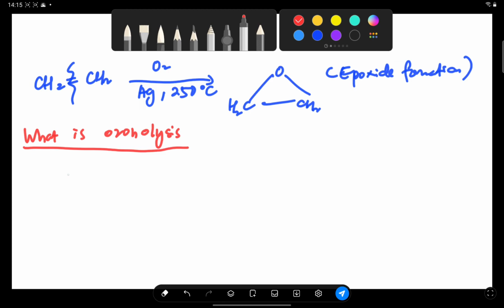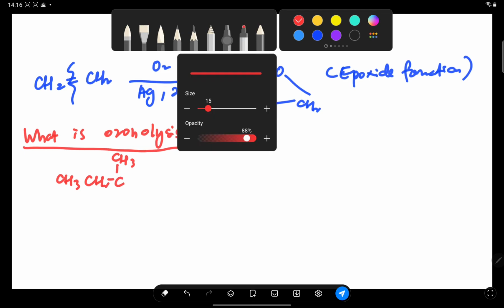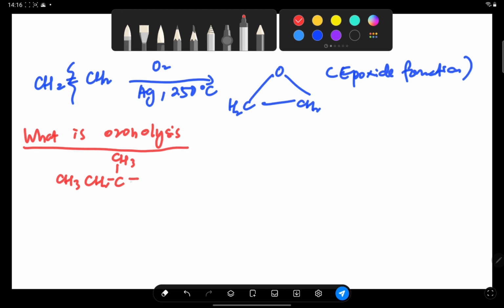So let's say you have here CH3, CH2, CH3, and here is double bond CH2. You react with ozone in the presence of zinc in acid condition.